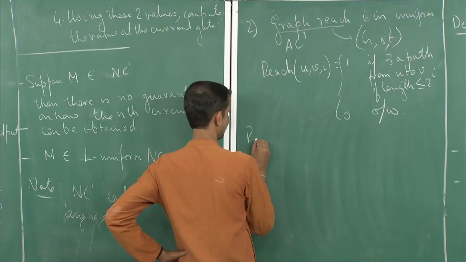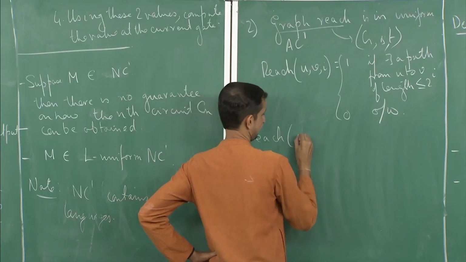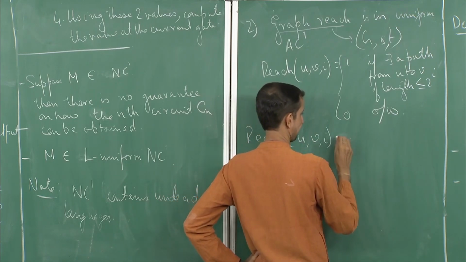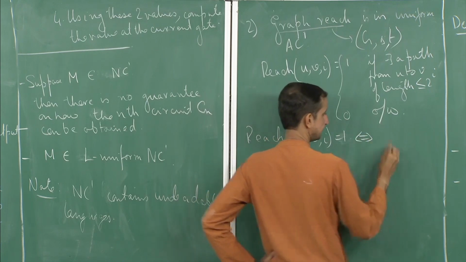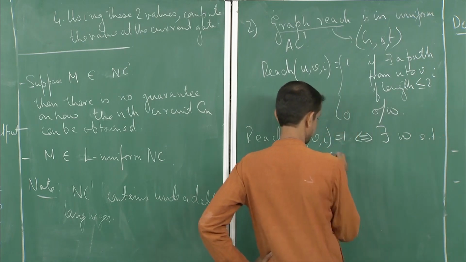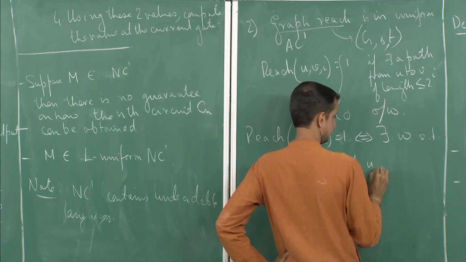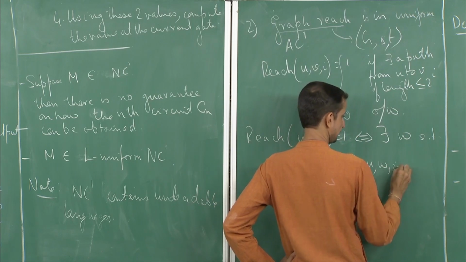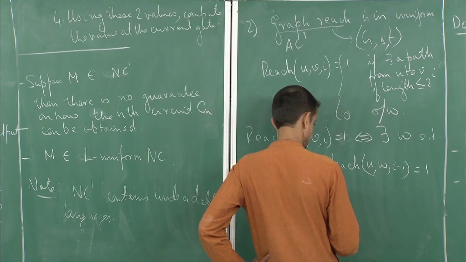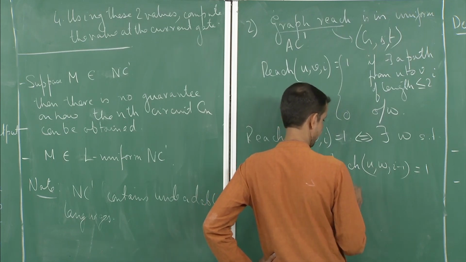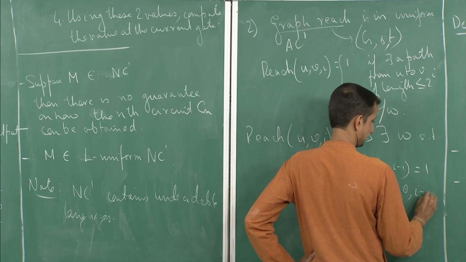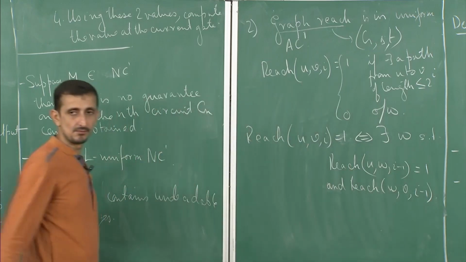Okay. So reach(U, V, I) is true if and only if there exists a vertex W such that reach(U, W, I minus 1) is true and reach(W, V, I minus 1) is true.